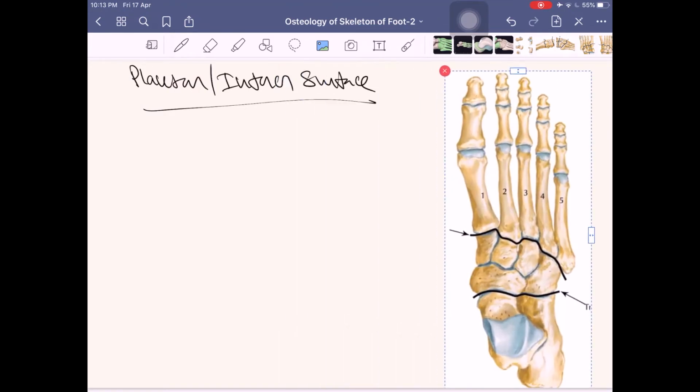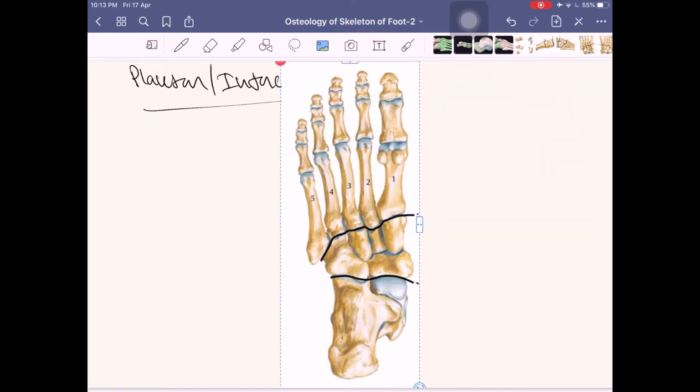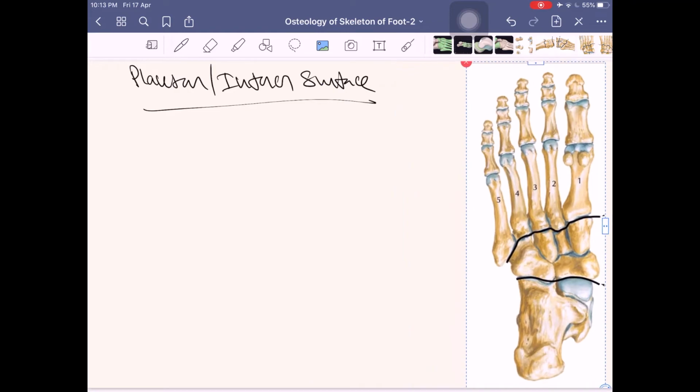So next, further moving, the dorsal is over. Next is your plantar. Plantar is also called inferior surface. So this one is inferior.